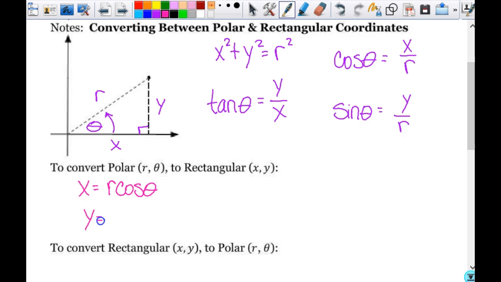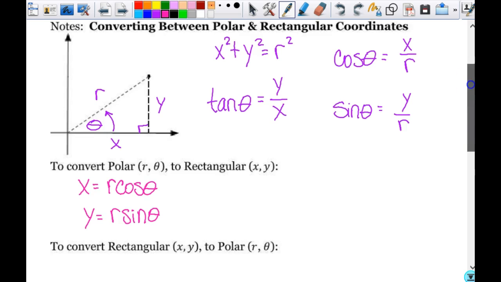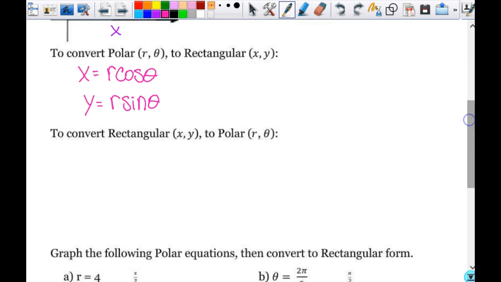And what does y equal? R sine theta. Does that look familiar? It should look familiar from physics and from vectors. I think you call it mg instead of r. But as an ordered pair, it's r cosine theta, r sine theta.